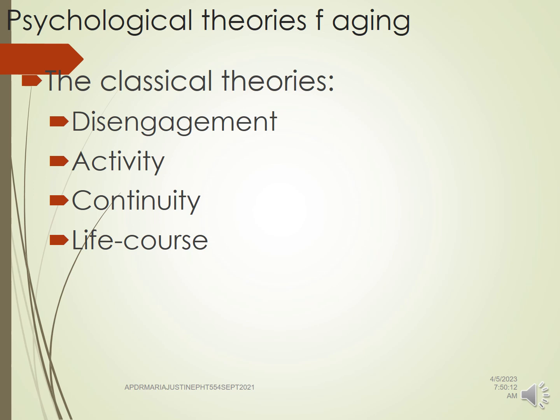And the second psychological theory is activity theory. We know that when people age, they tend to reduce their activities. What kind of activities? Those days they related to social activities, but nowadays physical activity is being discontinued when you reach a certain age.